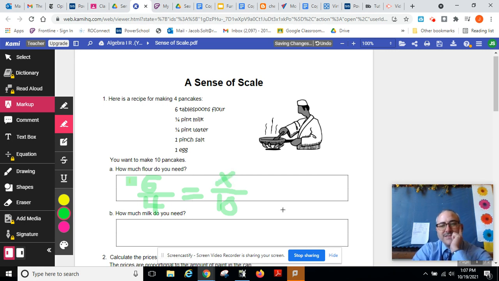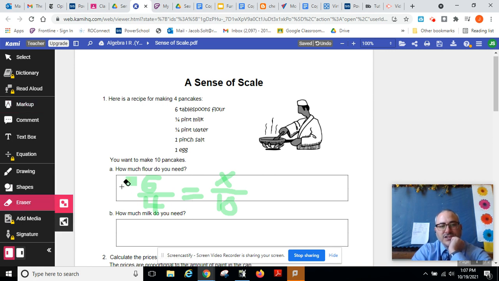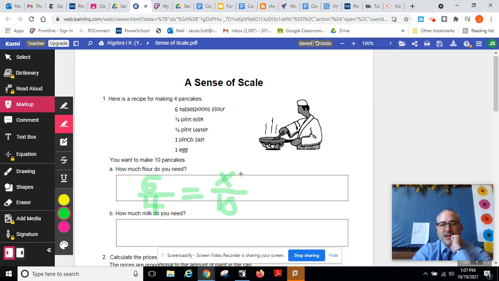How would I solve this kind of problem right here? Do y'all remember a thing called cross multiplication? Does that sound familiar? Cross multiplication? I'm going to cross multiply, right?